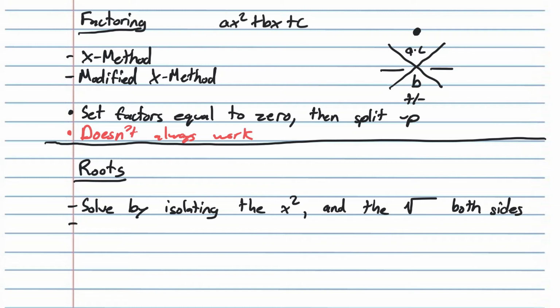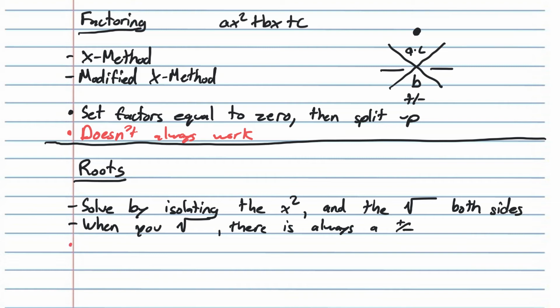So don't forget that when you square root, there is always a plus or minus, okay? So we are getting two answers, one positive possibility and one negative possibility, okay? But again, you're probably going to see a pattern here.